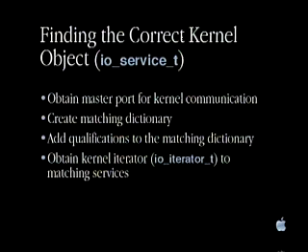You must fill in fields from either the device descriptor or the interface descriptor based on whether your driver is looking to be a class type driver or a vendor specific type driver. So you add these fields by adding qualifications to this matching dictionary, and then you ask IOKit to give you a kernel iterator of kernel objects that match your particular dictionary.